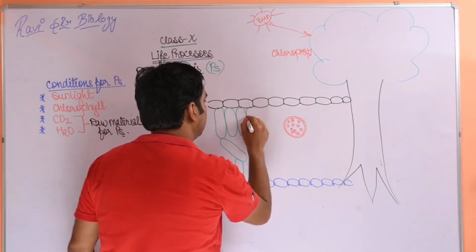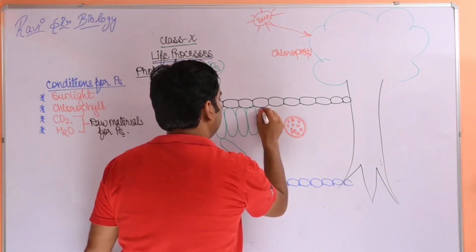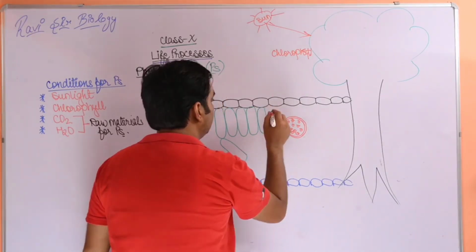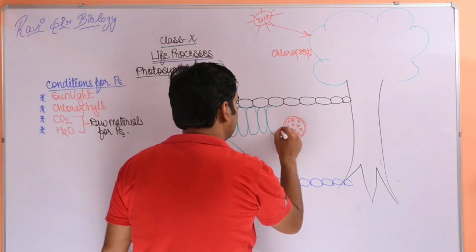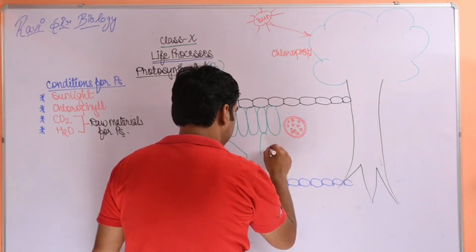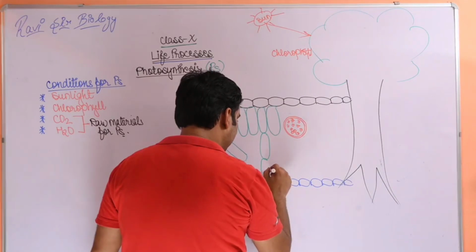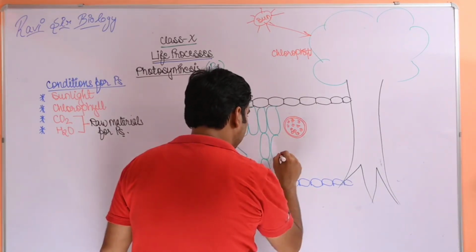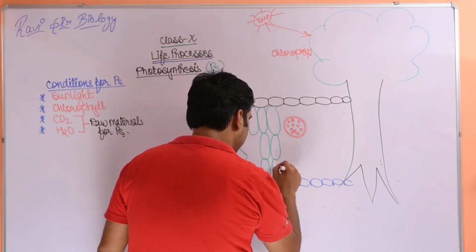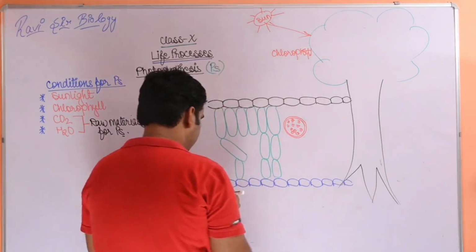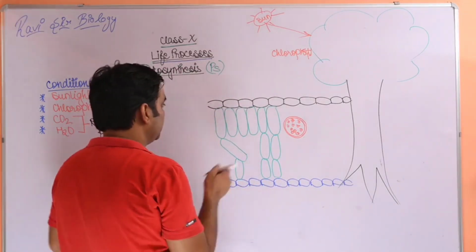These mesophyll cells are present between the upper membrane and lower membrane. There will be a space in between them also, so the cells have lots of spaces in them.